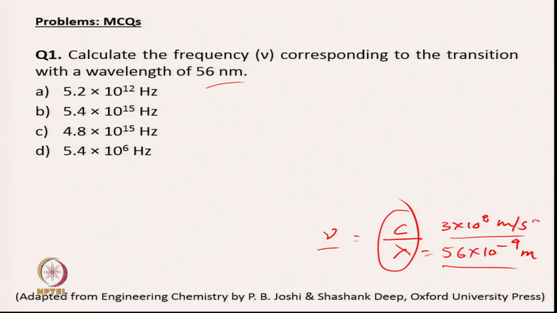If we calculate this, we will get the frequency in per second, which is basically hertz. It is quite an easy question, and if you do the calculation, what you will get is 5.4 into 10 to the power 15 hertz. So, this is the frequency of light of wavelength 56 nanometer.